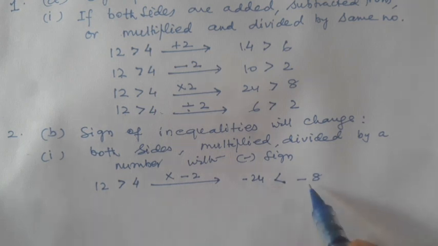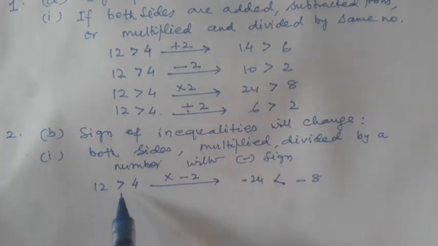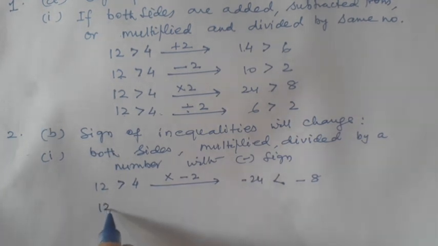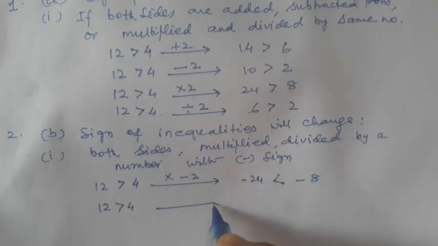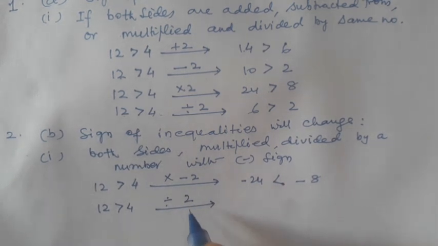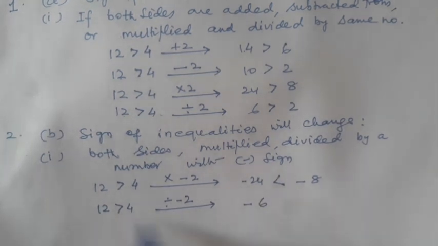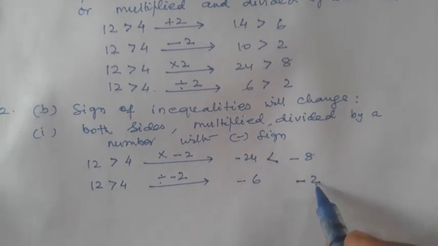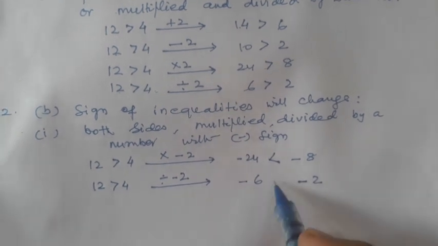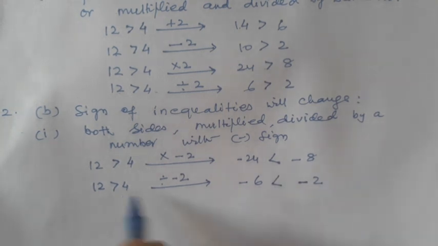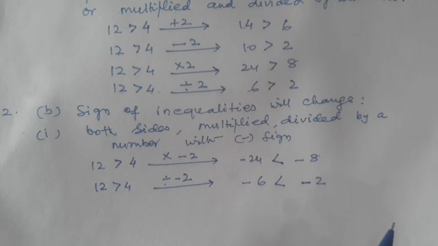So the sign has been reversed, right? Second, 12 greater than 4 divided by minus 2, then it will be minus 6 and minus 2. Here again minus 2 is greater than minus 6, so minus 6 is smaller than minus 2, so the sign has been reversed. Okay.